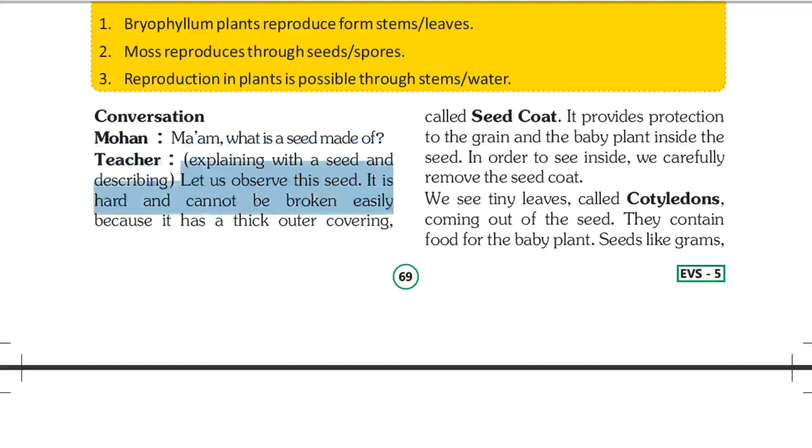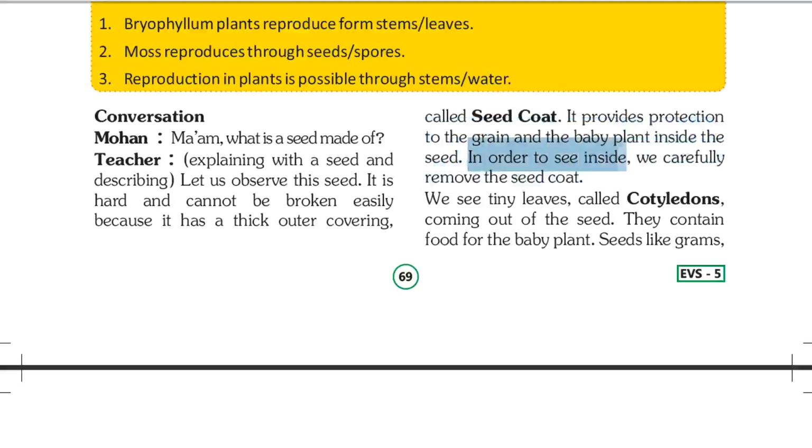Let us observe the seed. It is hard and cannot be broken easily because it has a thick outer covering called seed coat. It provides protection to the grain and the baby plant inside the seed.